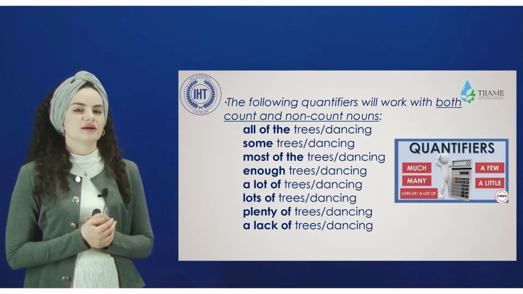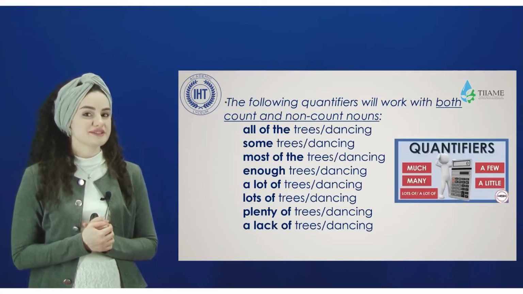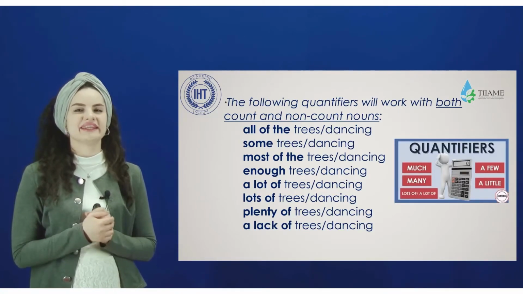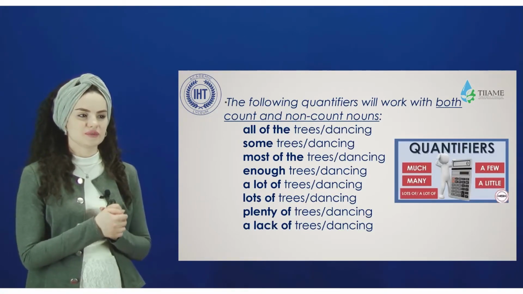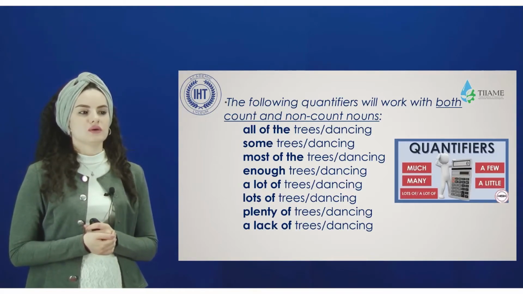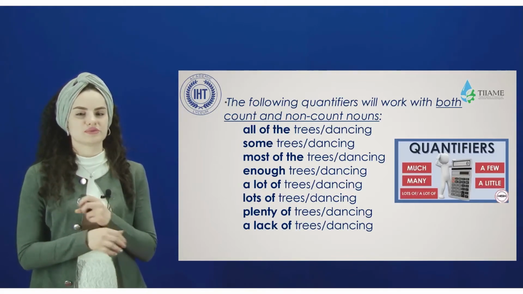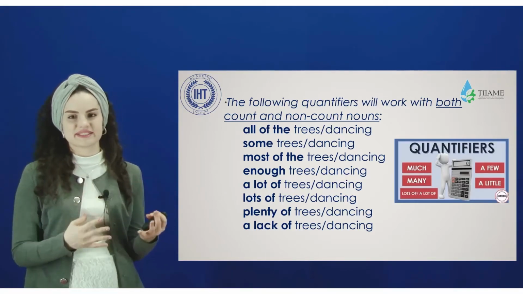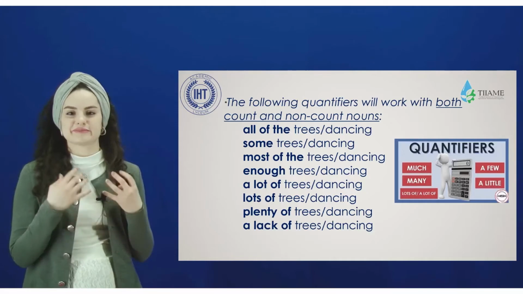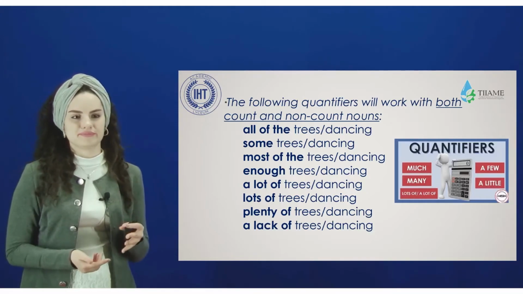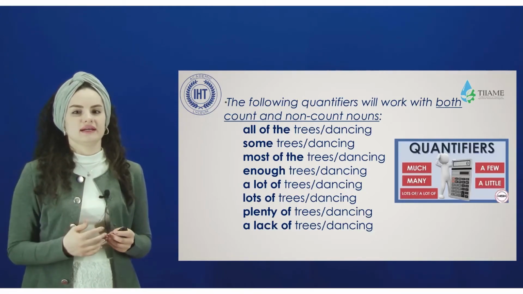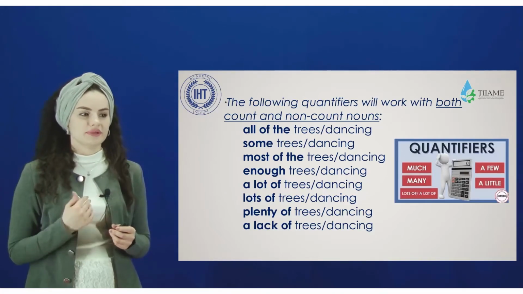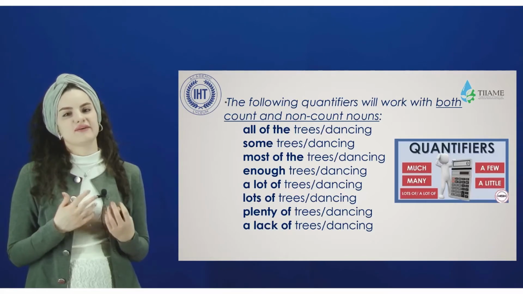So now here are quantifiers which can be used for both of them, for countable and non-countable nouns. Look, all of them. So you like to emphasize just everything, everywhere, at some particular area, at some particular place, or some, most of the, enough, a lot of, lots of, plenty of, or lack of, some shortage.